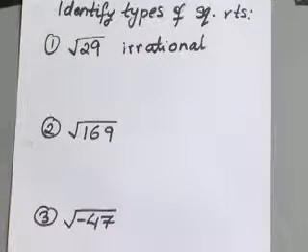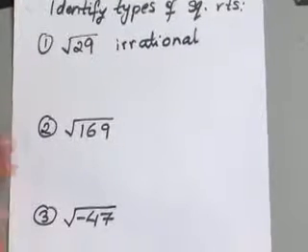What about our second example, square root of 169? Do you think it's an irrational number, a rational number, or is it not a real number? Now try and see what number multiplied by itself will give you 169. This one might take you a little bit of time, but 169 is actually 13 squared.